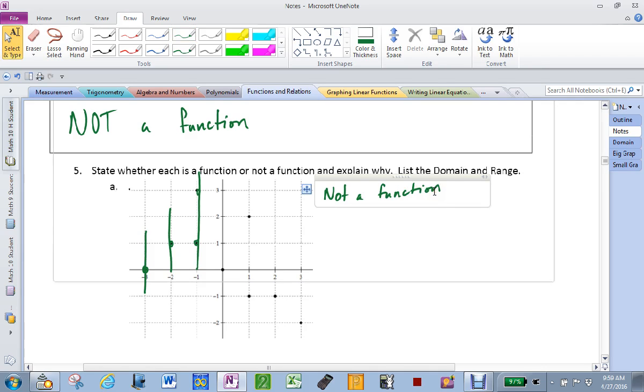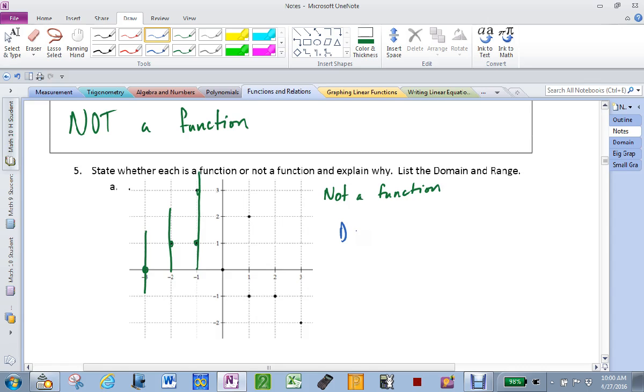Now, list the domain and range. This is the easiest kind of domain and range. The domain is what? The domain is the set of values that make up the independent variable. Yes? That's the mathematical definition of it. What is the functional definition of it? The domain is the x values. Okay? What if it's not graphed as x? Then the domain is the values that are on which axis?